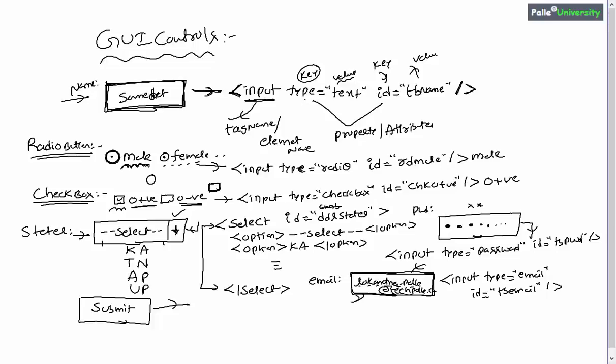In order to create button controls using HTML, there are in fact different approaches you can use. The first approach is you can write input type equals submit, and next ID equals some btn, maybe submit. Btn means button, okay, and this value can be anything. After this, if you want to display some content inside the button control, you have to write that content using the value property. Value equals submit.